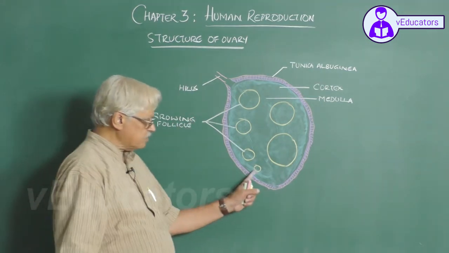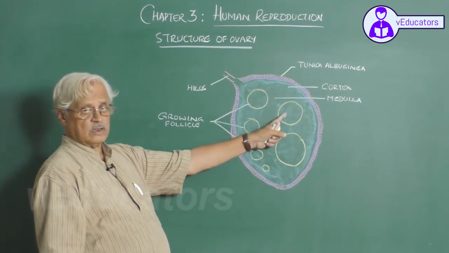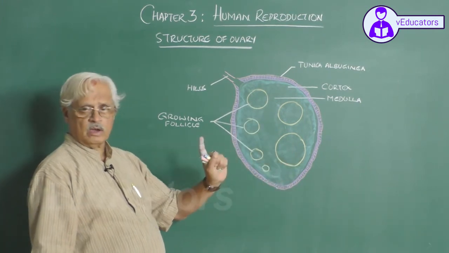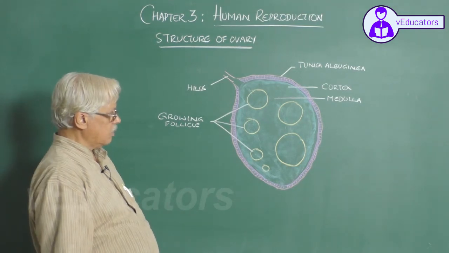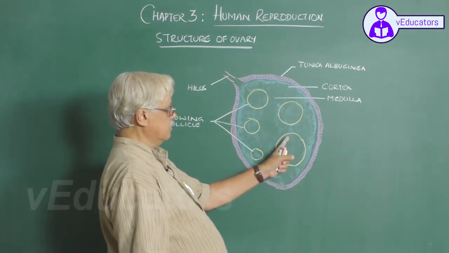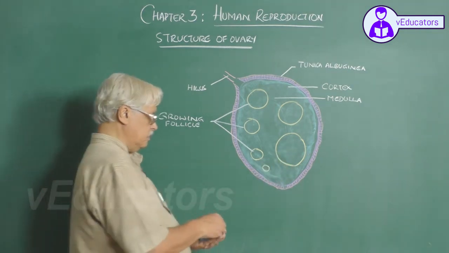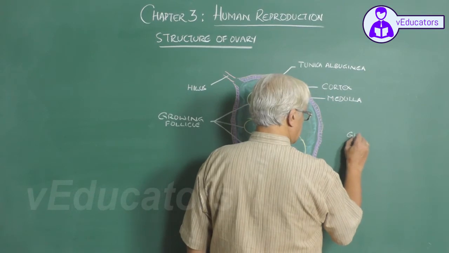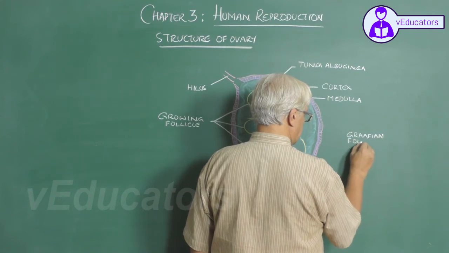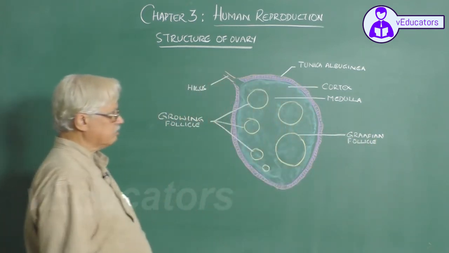So you can recognize very small follicles called primary follicles, slightly larger follicles called secondary follicles, and a very large, mature follicle called tertiary follicle. This tertiary follicle, inside which a mature ovum has been formed, is called Graafian follicle.